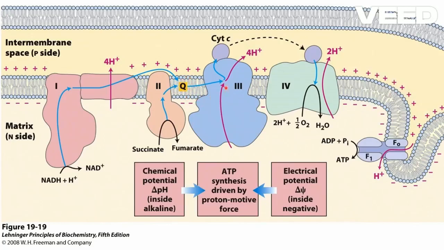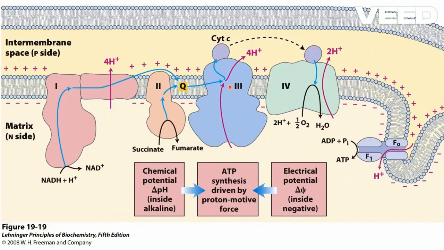Now, complex 3. Complex 3 received this electron from quinol and rose to a higher energy state. But as we said earlier, nothing wants to be in a higher energy state.